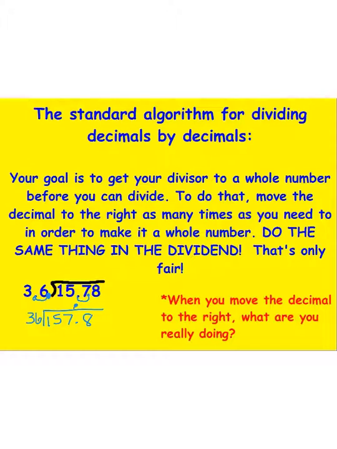And what you need to remember with decimal division is how many ever times it takes to move the decimal in the divisor, you have to do the same thing in the dividend. Otherwise, you're not working the same problem as the original problem. So my quotient for this problem, 157 and 8/10ths divided by 36, is going to be the same quotient for this original problem, 15 and 78/100ths divided by 3 and 6/10ths.